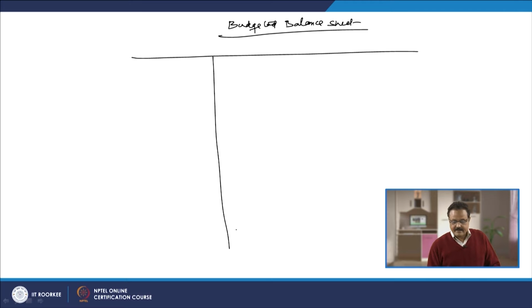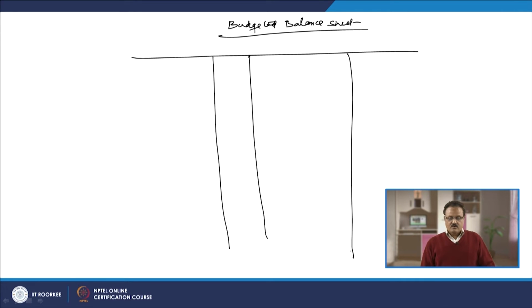So, we are taking it this way, this is a T format. Here we have to write the budgeted balance sheet of this company for the quarter beginning from the month of June to the ending month of August. So, this is for the quarter of June to August.